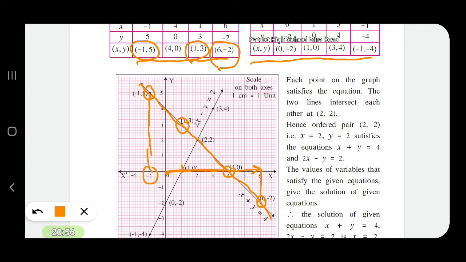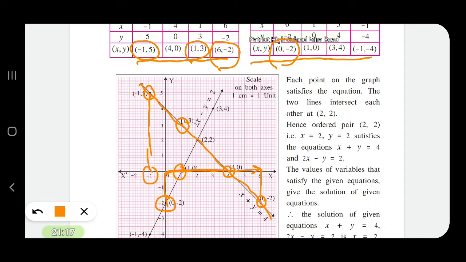Similarly, you plot these points 0 and minus 2. 1 and 0, you move to the right on the x axis 1 by 1, and it is 0 only, so you don't move in y direction, so you have the second point.